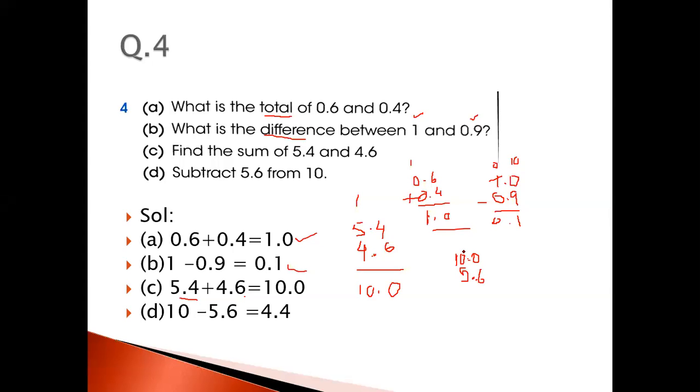So this number becomes 10, and the other number becomes 9. 10 minus 6 will be 4, and 9 minus 5 will be 4, and the decimal should be below the decimal. So our answer is 4.4. In this way, you can solve your working in front of each part by using your working column. I hope this is clear to you all.